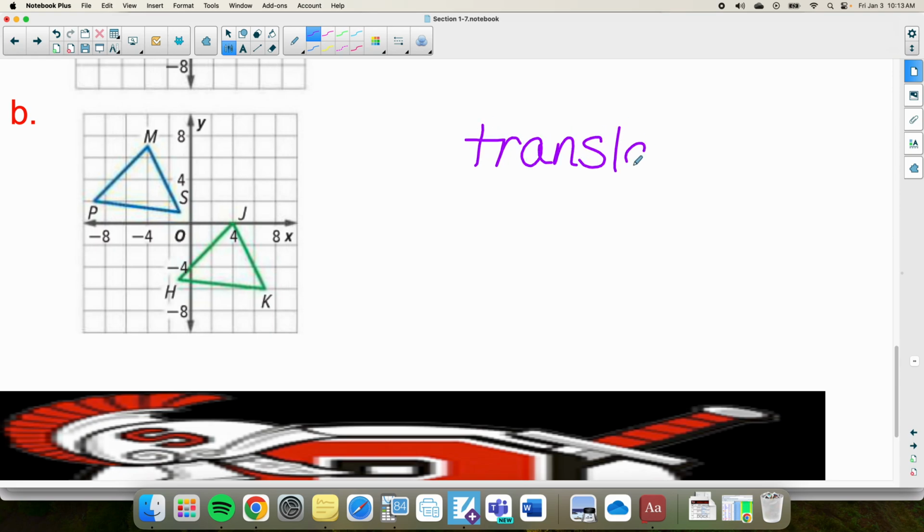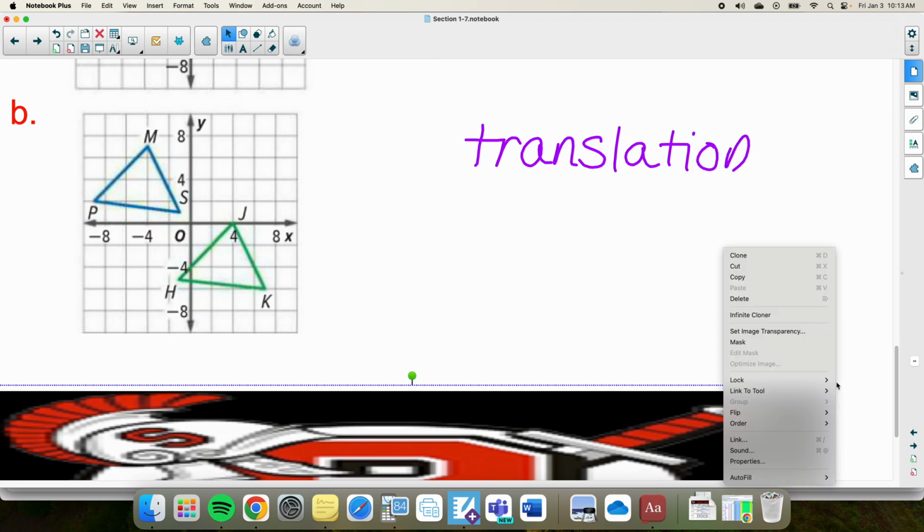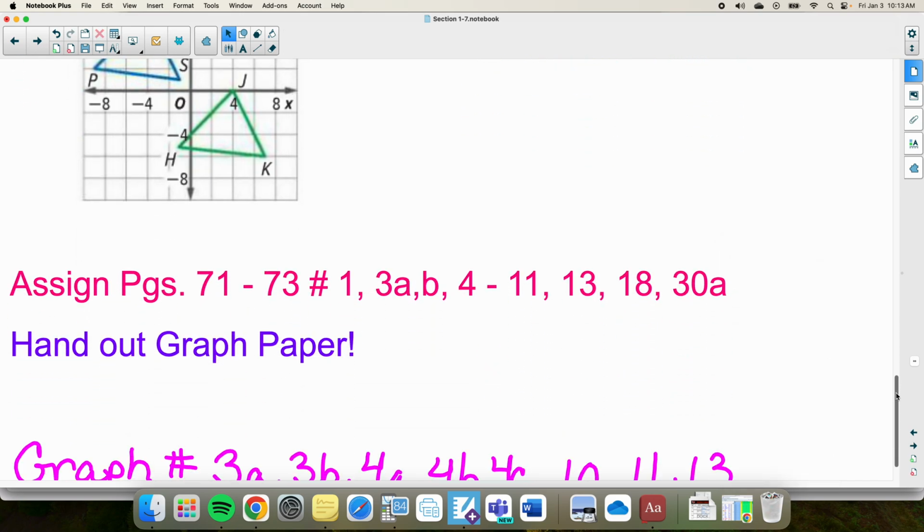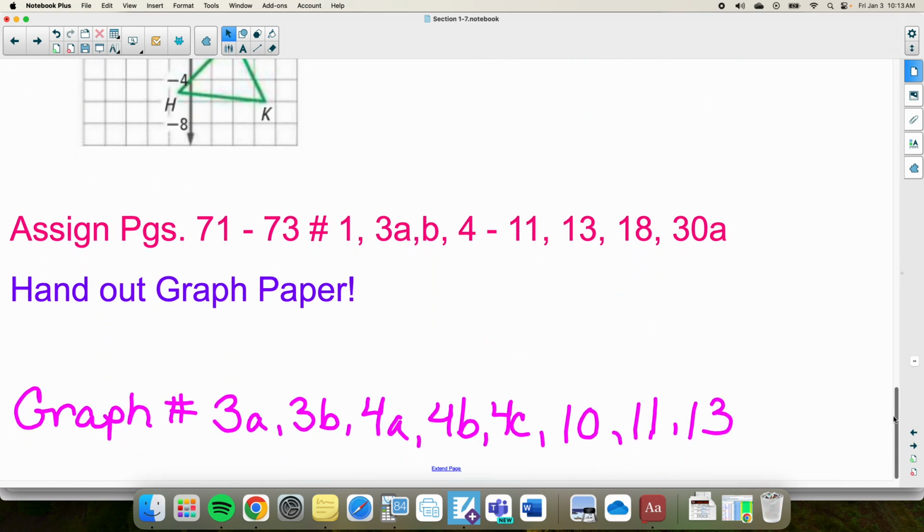So I'm gonna hand out graph paper to you guys. Now this is gonna look like a lot because I give you the assignment and then I also tell you which ones to graph. So this is your assignment, okay? And then these are the ones you have to graph, okay?